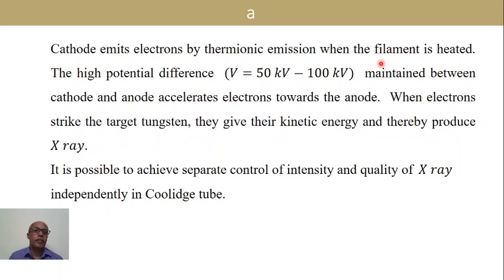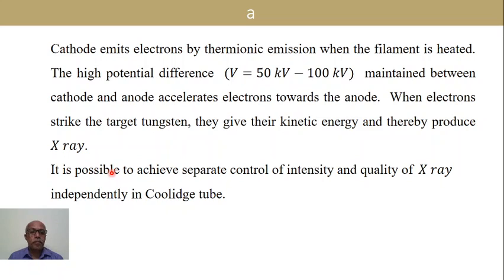Because of the high potential difference between the cathode and the anode, nearly about 50 kV to 100 kV, the electrons are accelerated towards the anode and strike the target, giving their kinetic energy to the target.